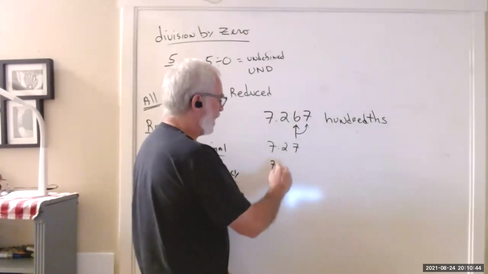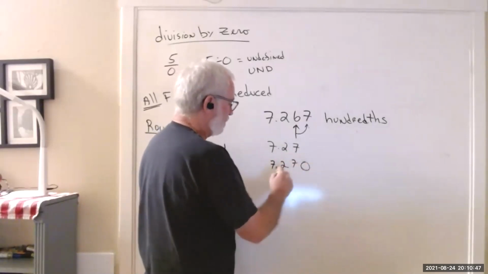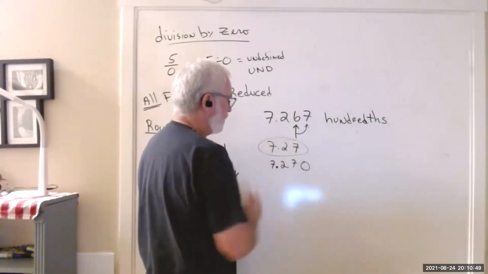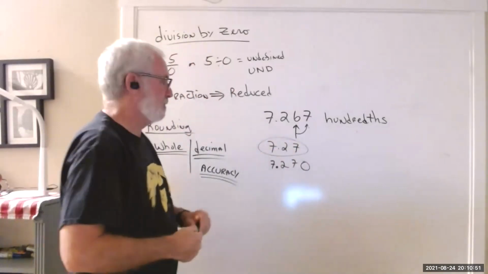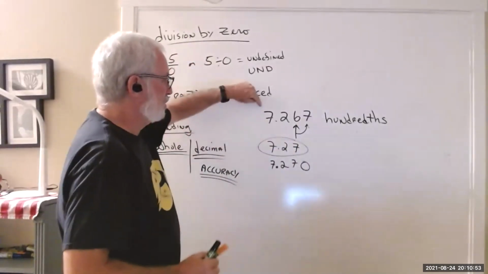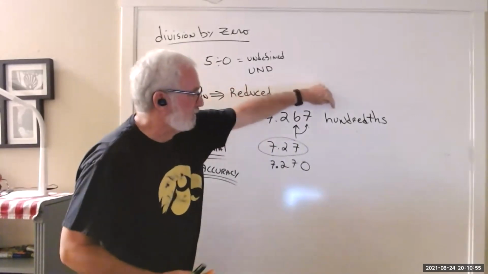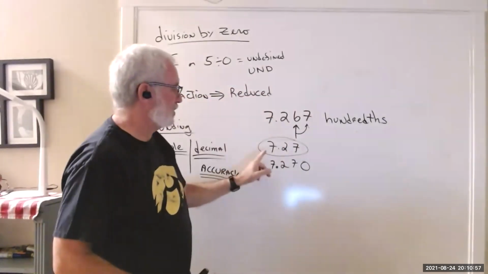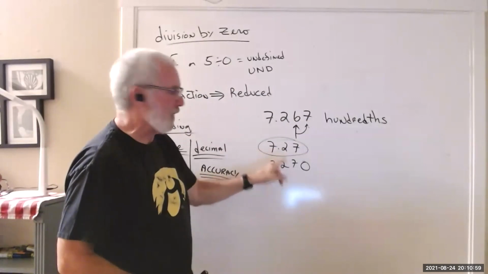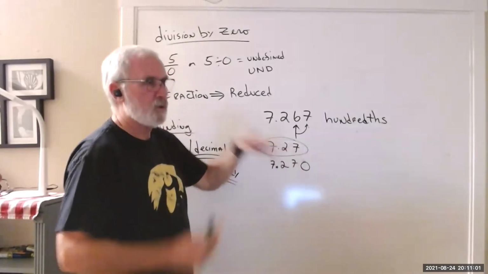Here's the reason why. That's the right answer for this question. 7.267 rounded to the nearest hundredth is 7.27 without the extra 0.